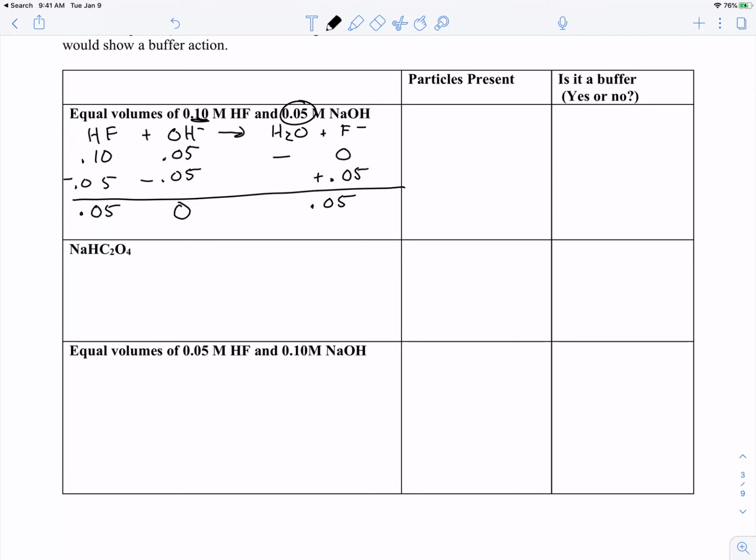So at the end of the reaction, we've got fluoride ions and hydrofluoric acid molecules, and then the sodium's a spectator ion. So the fluoride would react with incoming hydrogen, so that would be half the buffer, and the hydrofluoric acid would react with the hydroxide. So yes, we have a particle that will react with incoming hydrogen and incoming hydroxide.